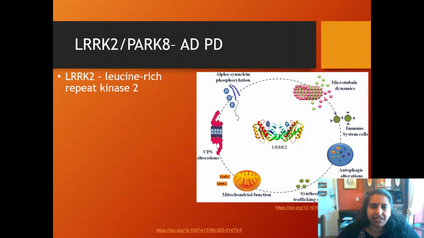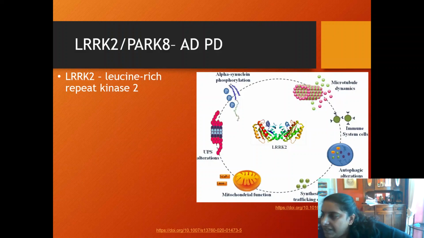So another of the main genes that, when mutated, can cause Parkinson's disease is LRRK2. It stands for leucine-rich repeat kinase 2.